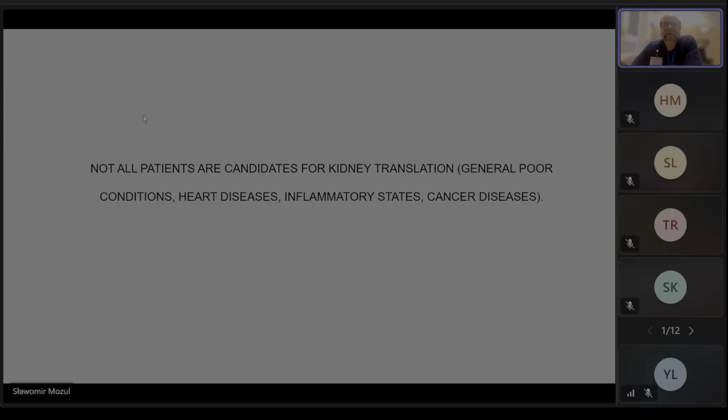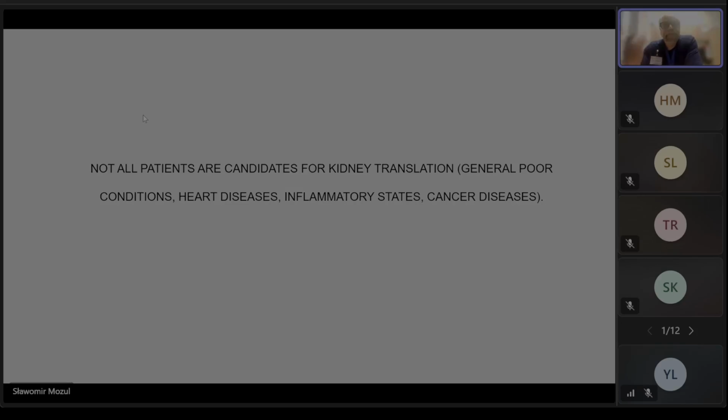For several reasons. Unfortunately, not everyone is a suitable candidate for transplantation. Some patients don't qualify due to comorbidities, for example, cancers, severe cardiovascular diseases, active infections, advanced atherosclerosis, or simply advanced age.